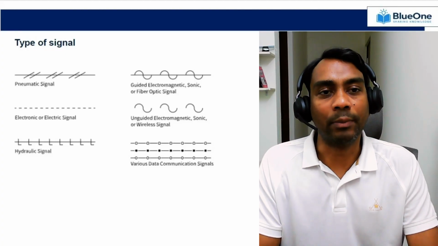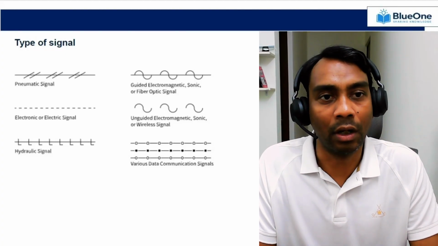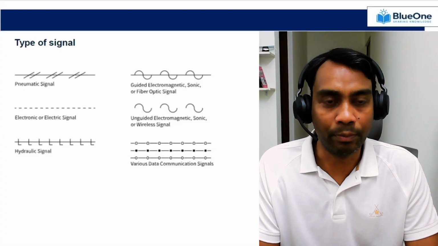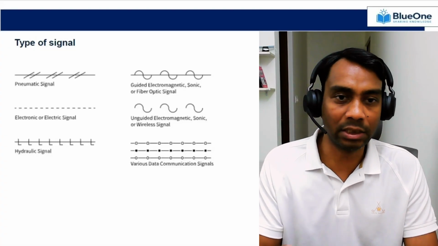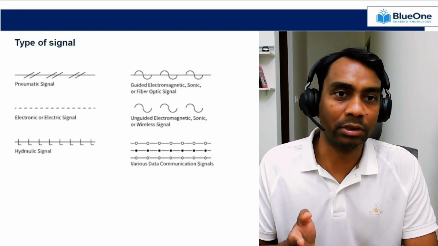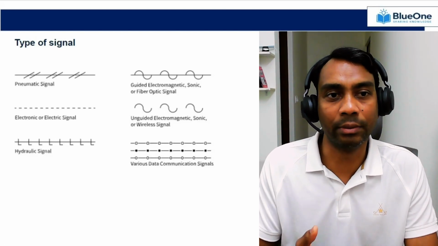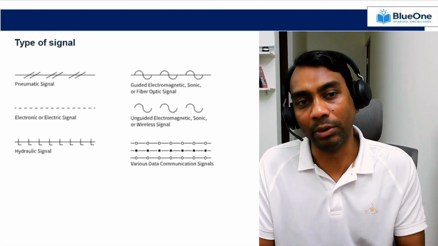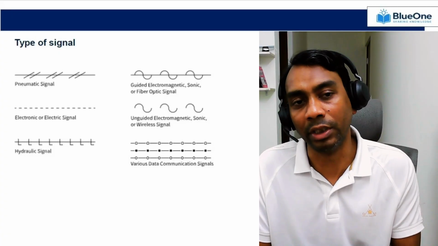Let's talk about the type of signals associated with the field instruments and valves. If you see any P&ID, you will see there are lines around your instruments and the valves. Those lines have some significance. You can easily interpret by looking at this slide. There are 6 different types of signals which are mostly associated with the instrumentation.